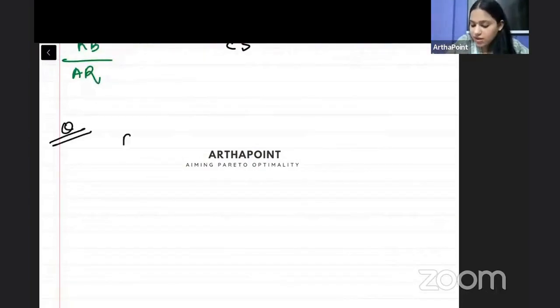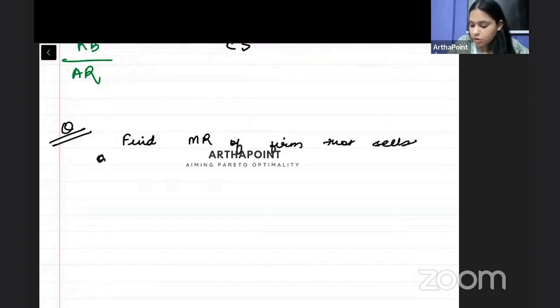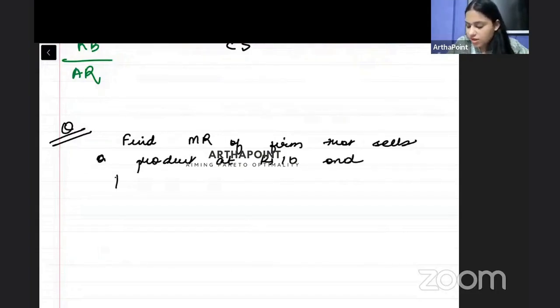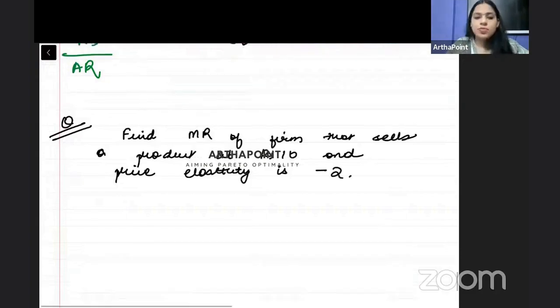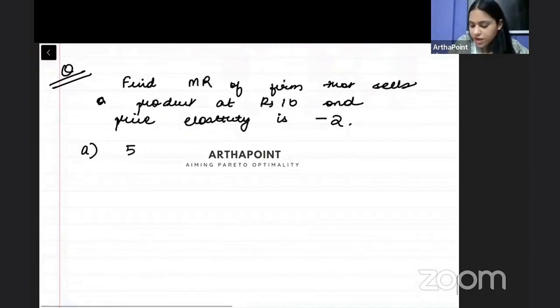So you need to find marginal revenue of a firm that sells a product at 10 rupees and you are given that the price elasticity is -2. Option number A, 5.